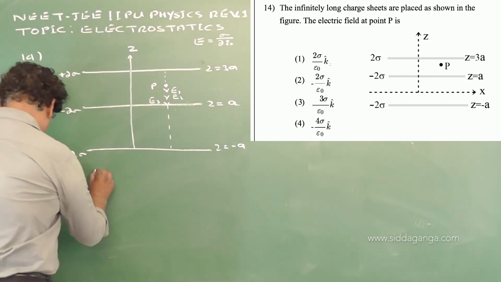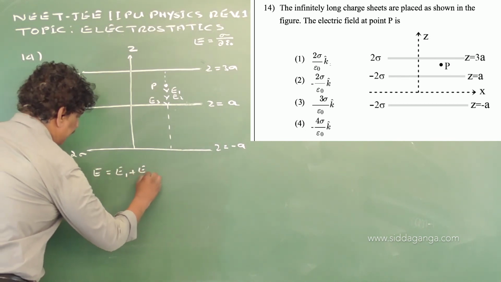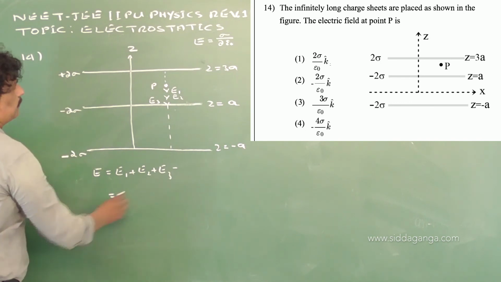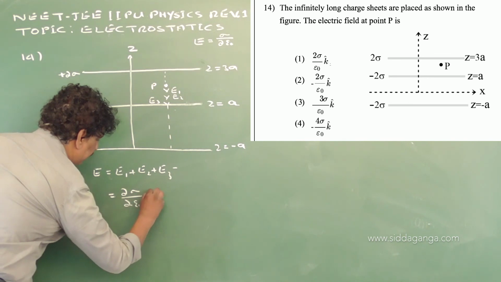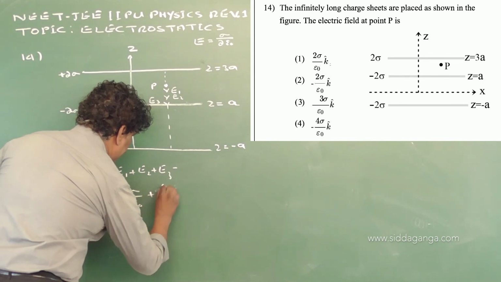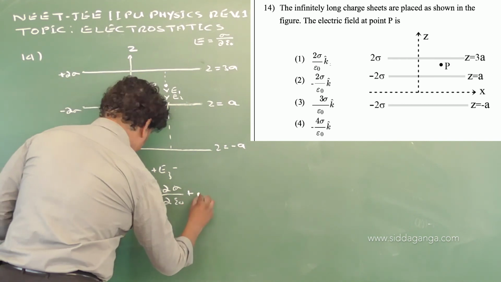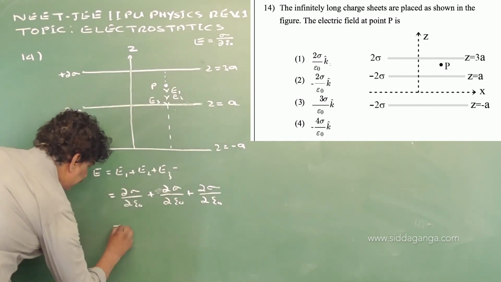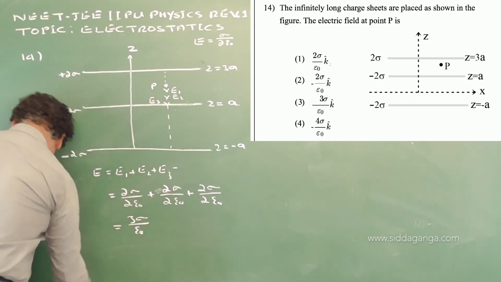Now we have E is equal to E1 plus E2 plus E3, that is equal to 2 sigma by 2 epsilon naught plus 2 sigma by 2 epsilon naught plus 2 sigma by 2 epsilon naught, or this is equal to, 2 gets cancelled, 3 sigma by epsilon naught.